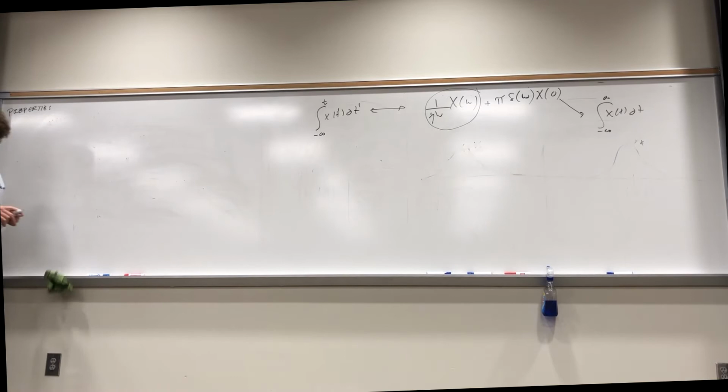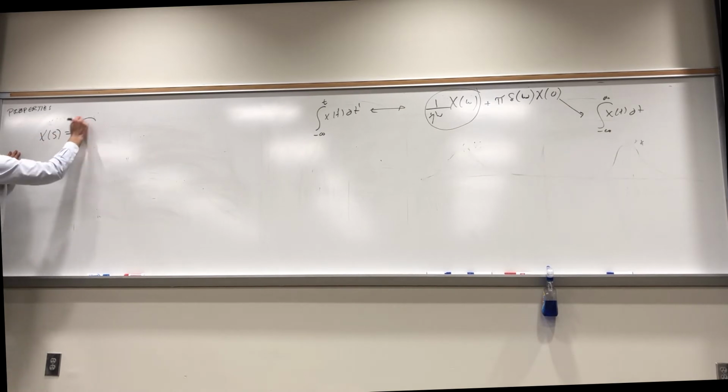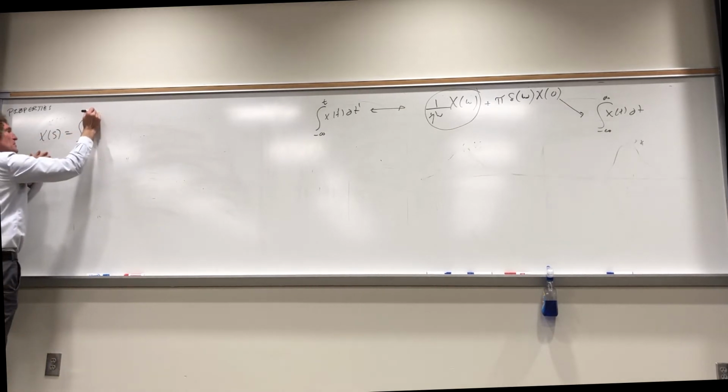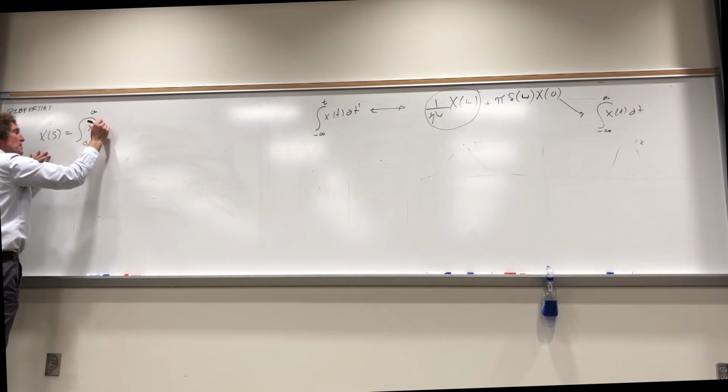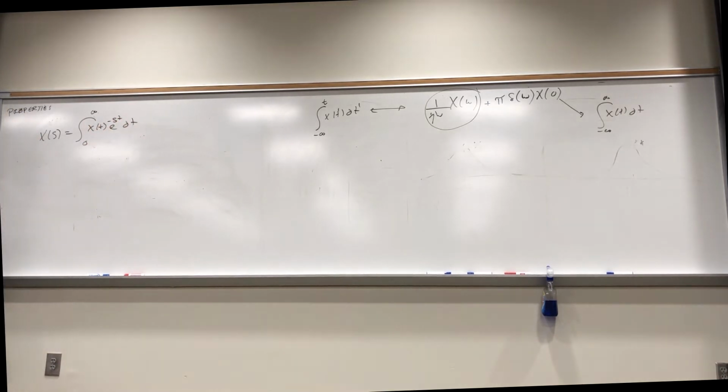All right, now, I gotta complete one thing I did. Remember how when we had Laplace transforms, you don't need to write this, just listen to me. With Laplace transforms, the analysis was x of s equal to the integral from 0 to infinity of x of t e to the minus st dt. That's analysis. That's the one we use all the time, right?